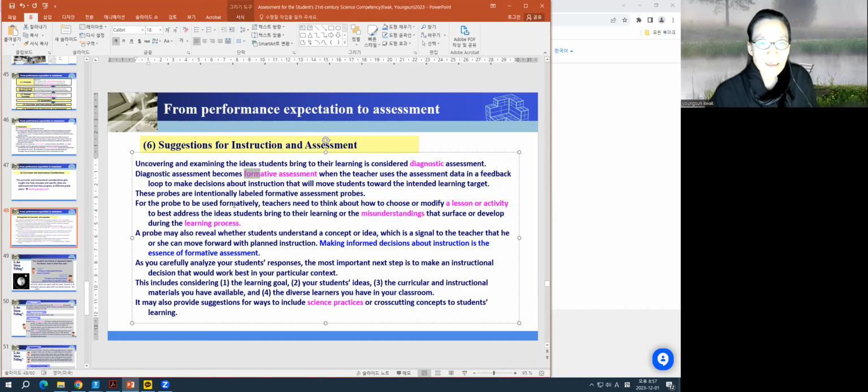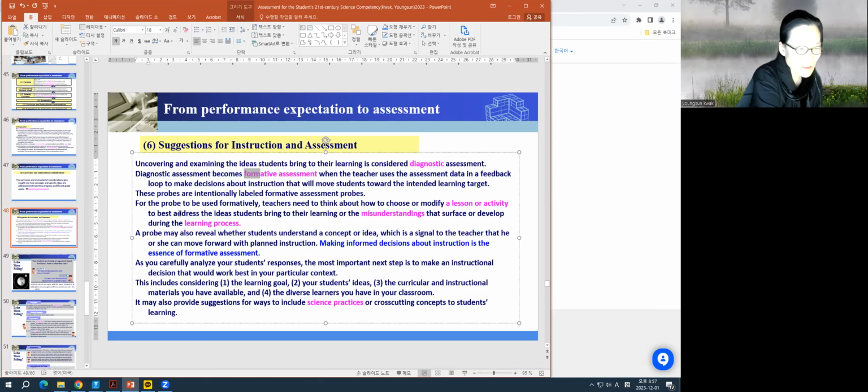Sometimes for the probe to be used formatively, teachers need to think about how to choose or modify a lesson or activity to best address your students' needs.